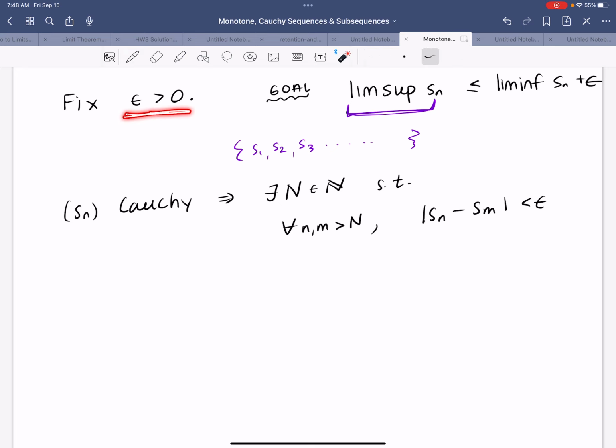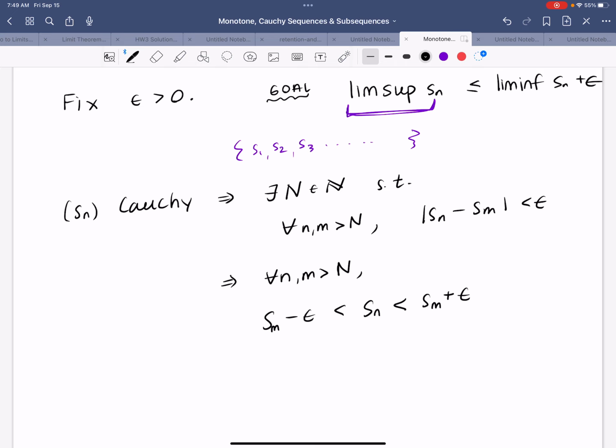So I'm given the epsilon as fixed. Now I can go far enough in my sequence to guarantee that all of my terms are within epsilon units of each other. But another way of rewriting that is to say for all n and m bigger than N, Sn is in between Sm minus epsilon and Sm plus epsilon, right?